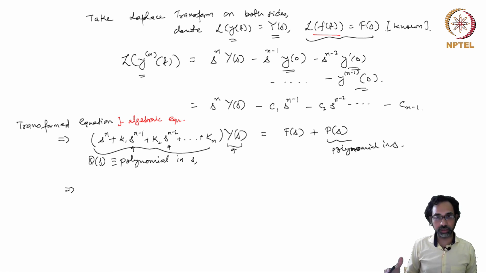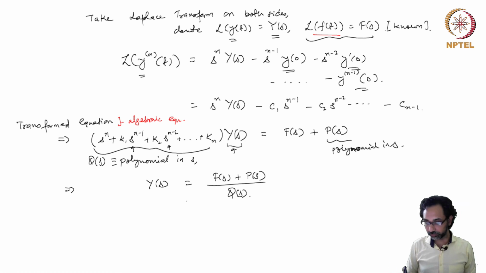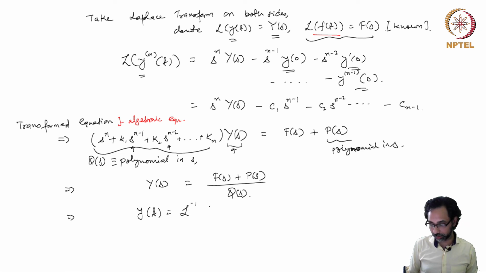The Laplace transform has given us an algebraic equation from a differential equation, a linear ODE, and so we can solve for Y(s), which is (F(s) + P(s)) over Q(s). And so if we can find the inverse of this function on the right, then we have solved the problem. So y(t) is the inverse Laplace transform of (F(s) + P(s)) over Q(s).